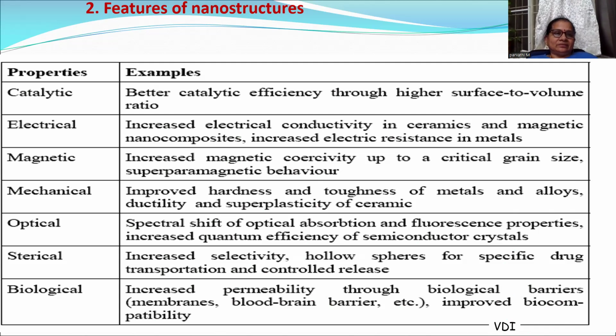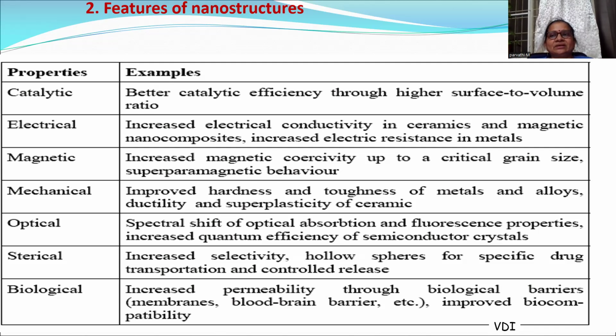Similarly, in the optical field, the properties include spectral shift of optical absorption and fluorescent properties, and increased quantum efficiency of semiconductor crystals. Another field is spheres, in which the properties of nanomaterials have high selectivity, with hollow spheres for specific drug transportation and controlled release.